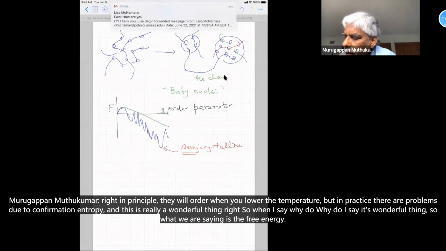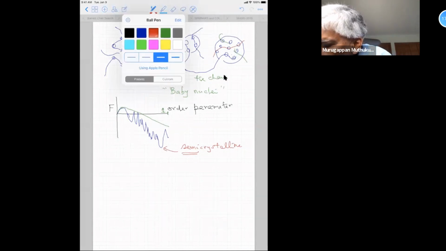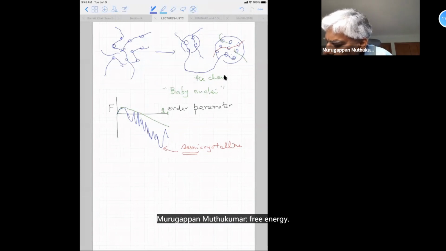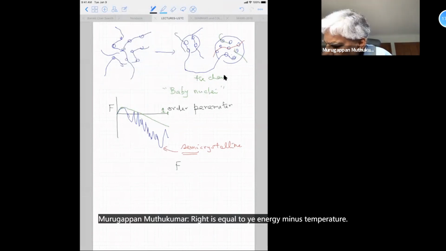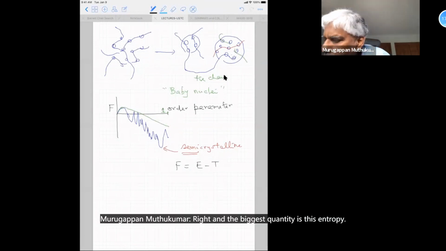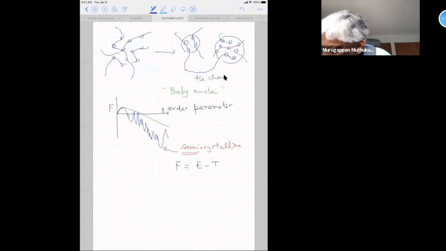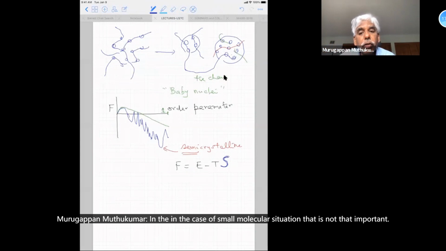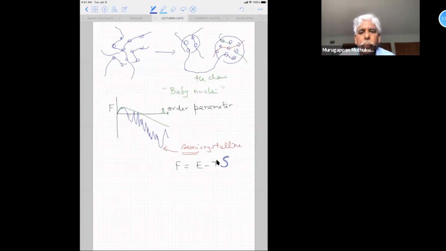So what we are saying is the free energy is equal to E, energy, minus temperature times entropy. And the biggest quantity is this entropy. In the case of the small molecule situation, this is not that important, right?